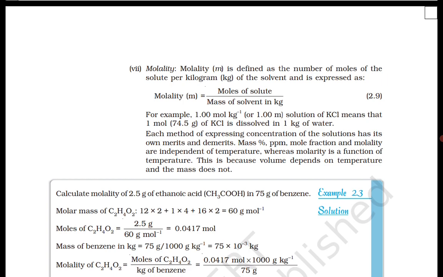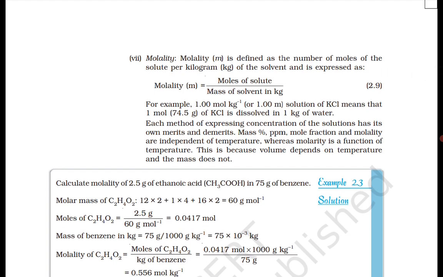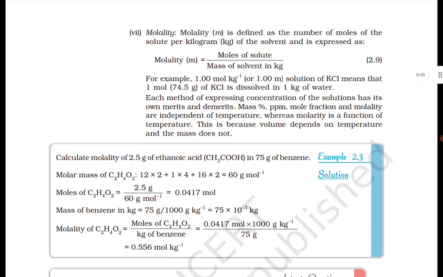Molality, m, is defined as the number of moles of the solute per kilogram of the solvent and is expressed as molality m equals moles of solute by mass of solvent in kg, 2.9. For example, 1.00 mole per kg, or 1.00 molal solution of KCl, means that 1 mole, 74.5 gram, of KCl is dissolved in 1 kg of water.